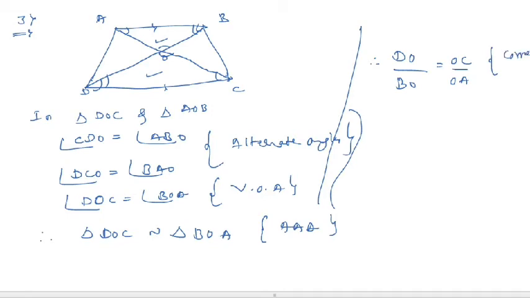Therefore, by cross multiplication and taking the reciprocal, we can write OA by OC is equal to BO by OD. Hence it is proved.